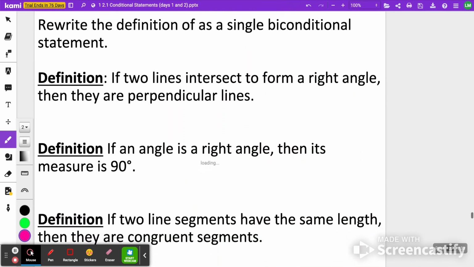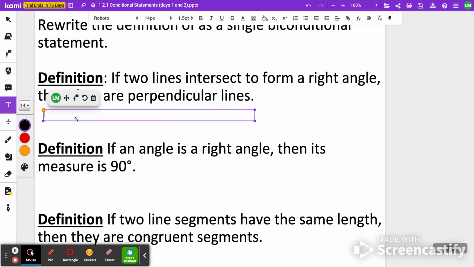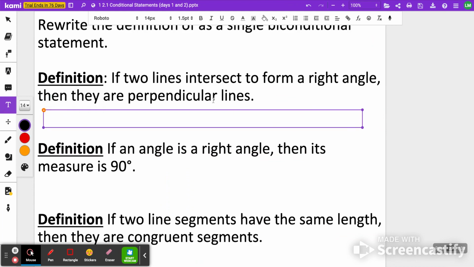So the next thing we're going to do is rewrite each of these definitions as a single biconditional statement. And what I'm going to try to do here is type on the screen using a text box. So bear with me. But it says if two lines intersect to form a right angle, then they are perpendicular lines. So we would write it as such.